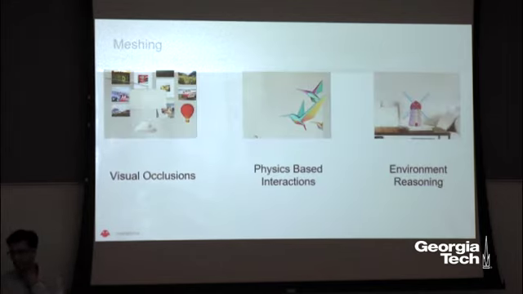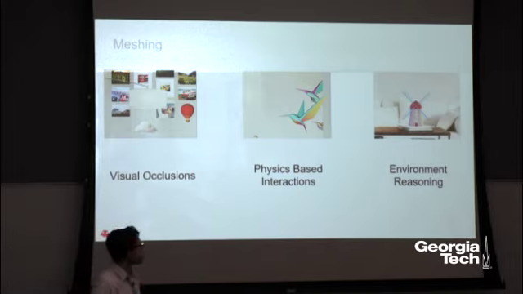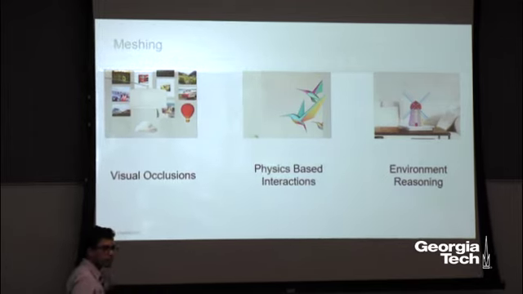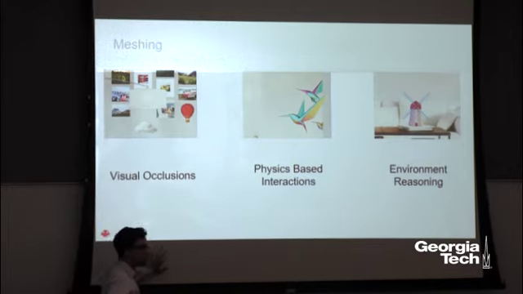So, going forward to meshing. I think I briefly talked about this. This is to enable things like visual occlusions. Let's say I place a TV right here, and I'm using my device and looking at the TV, and a person comes in front of me, or in front of my Magic Leap device. Ideally, I want the person to occlude the TV.